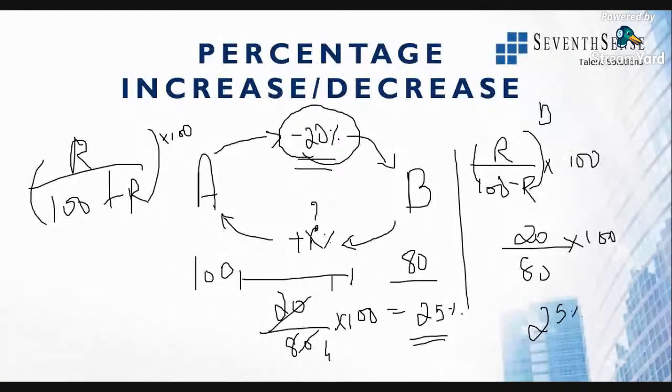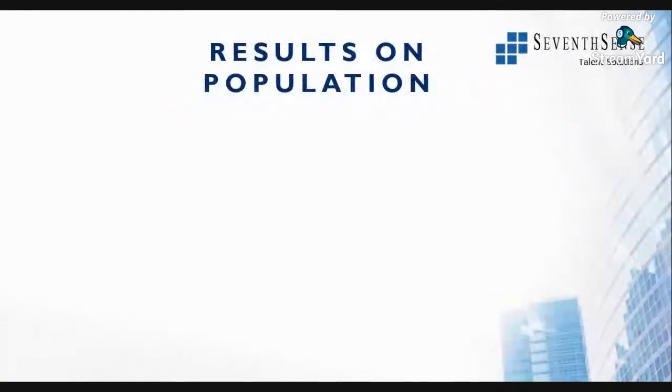Clear? All right. Now the next concept is based on results on population. Imagine in a city of Bangalore, at present, let us say it is 5 lakh population.